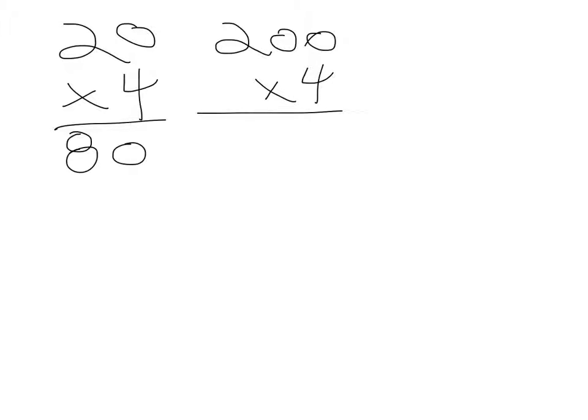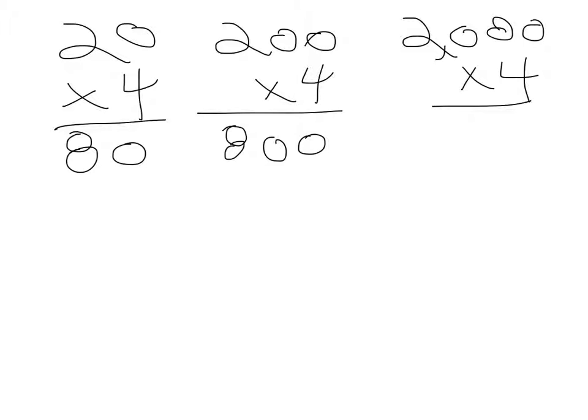I could skip count by 200, 4 times: 200, 400, 600, 800. I'd get 800. I could also do 2,000 times 4, which, if I skip counted, is 2,000, 4,000, 6,000, 8,000.